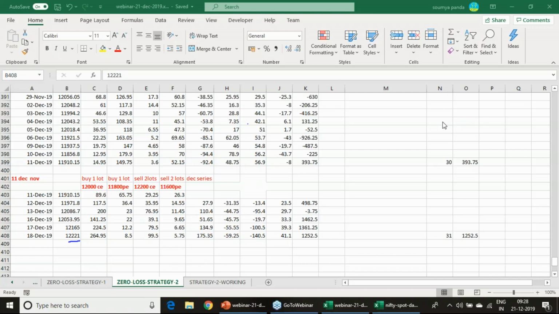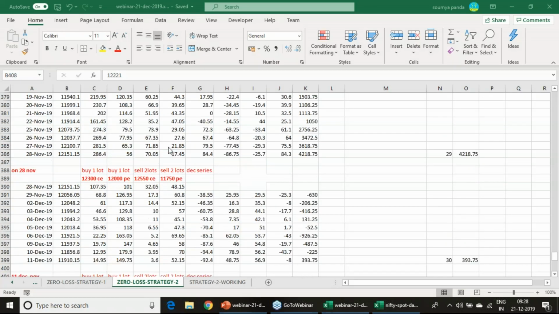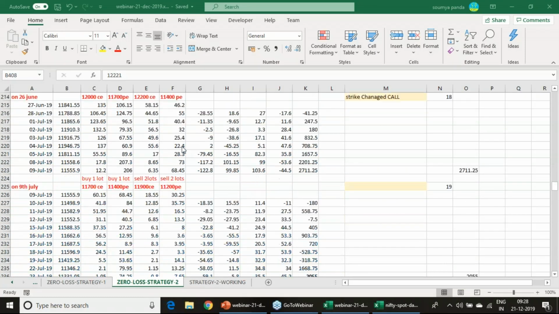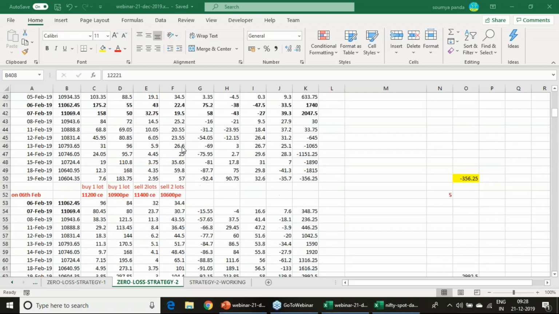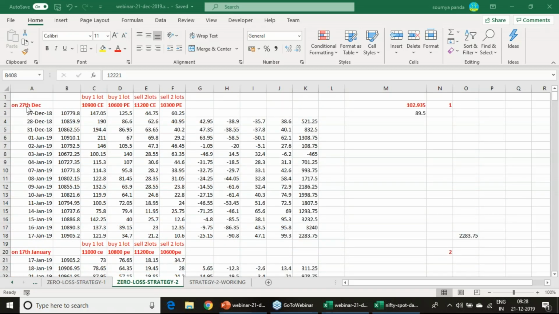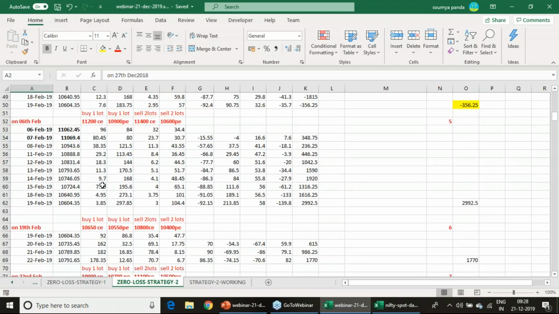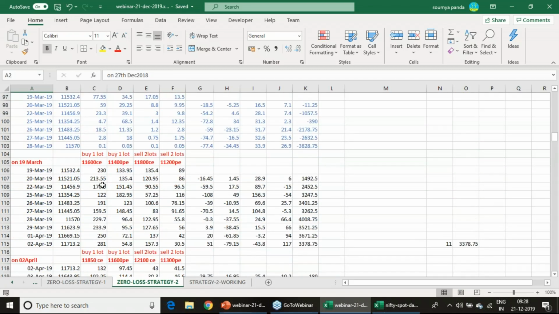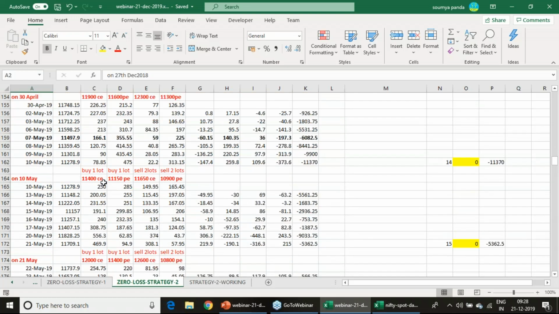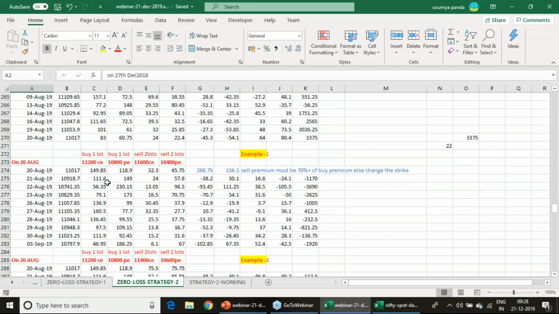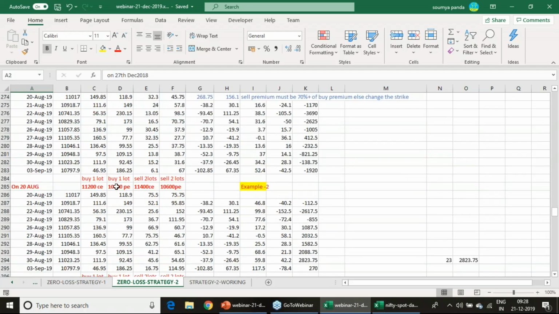Similarly, the choice to buy a strike and sell a strike has been done for a period, as I have shown you here, from 27th December 2018 to date. Every place the same logic has been followed and done the same way, and it has given you a profit of 65,000 this month.